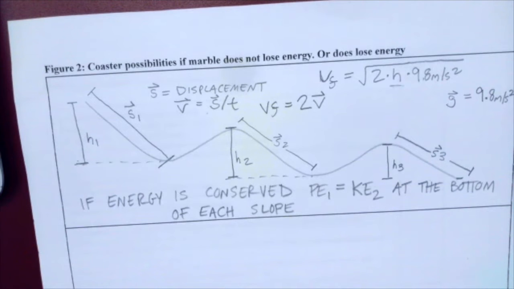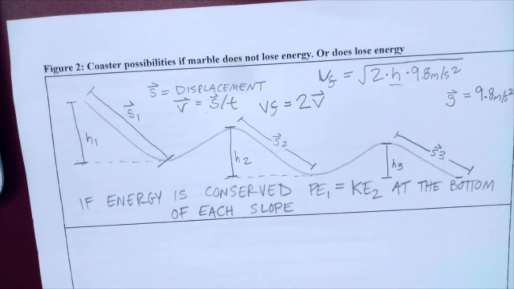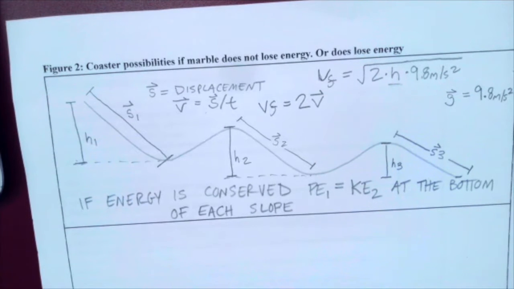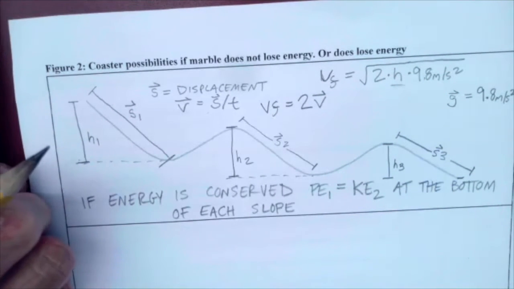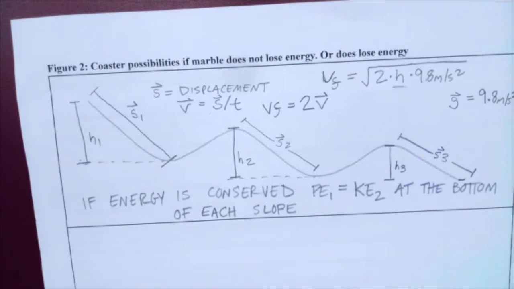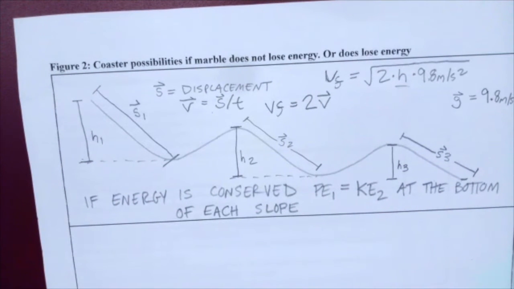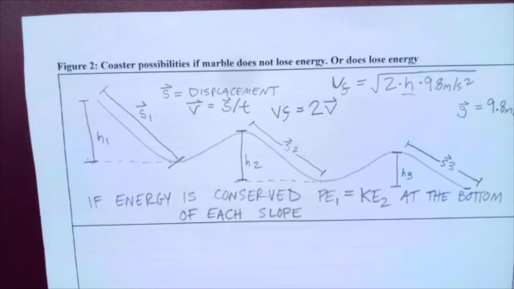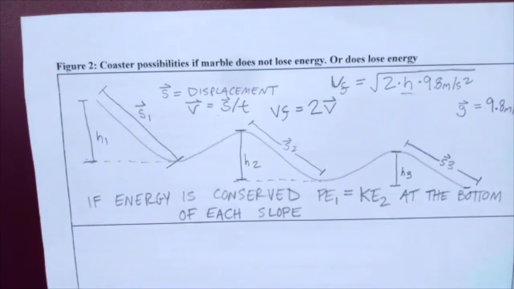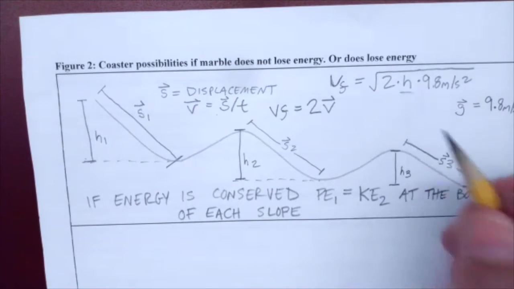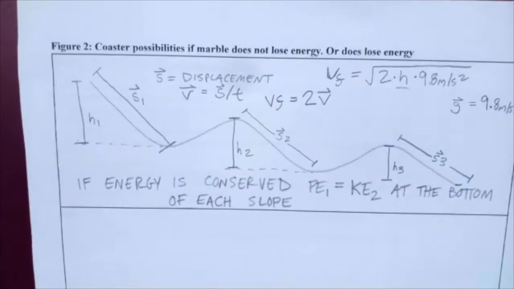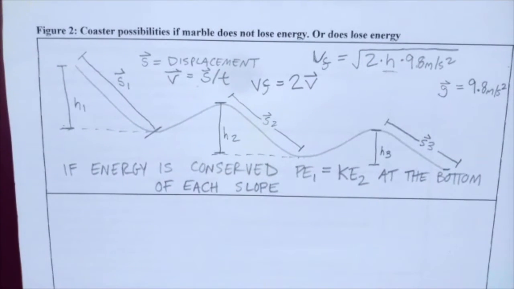So the question we're asking is, does the marble lose energy as it travels? Last class, somebody brought up a force that they thought might take energy from the marble. I don't remember who it was, because that was last week. Yeah, force of friction. Somebody said force of friction might be taking energy from the marble. So a plausible idea here is that the force of friction is taking energy from the marble.